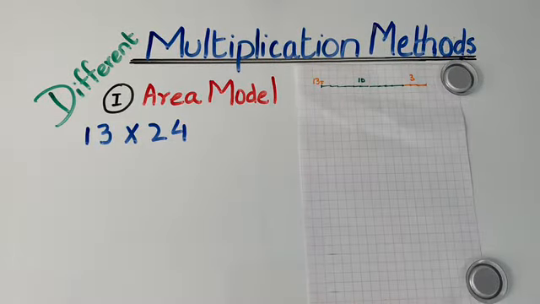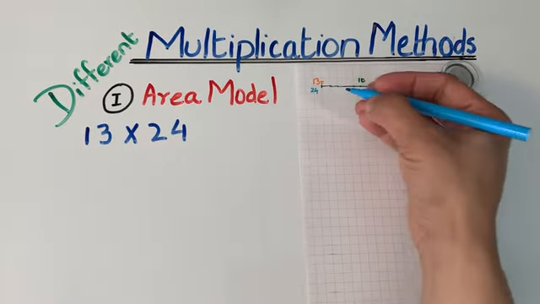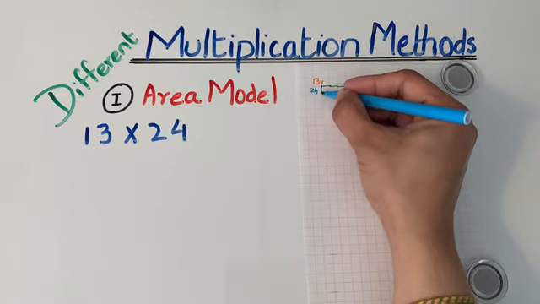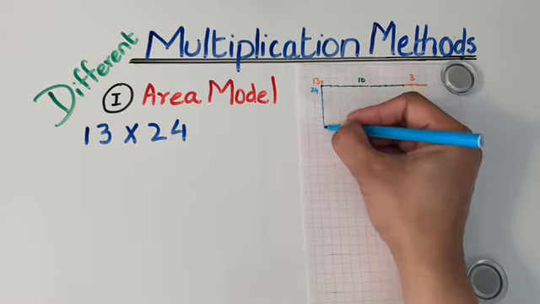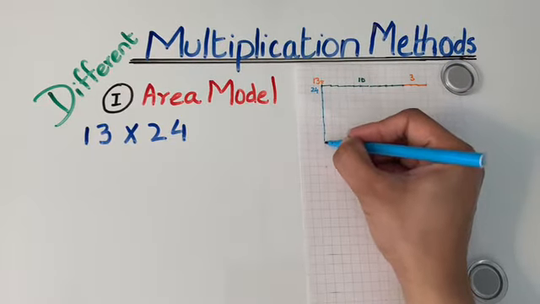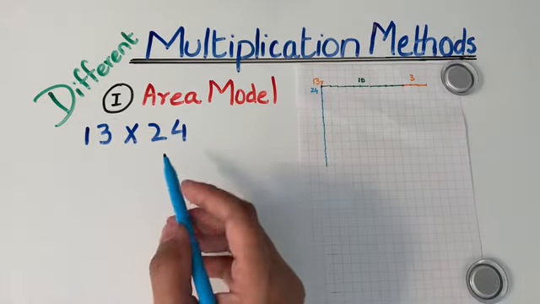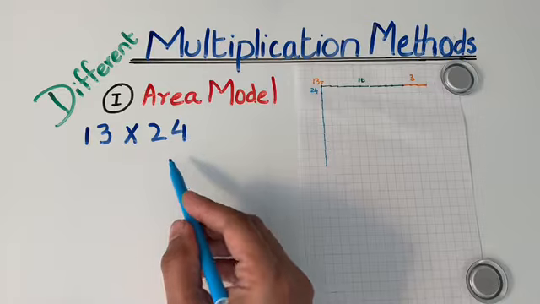Now let's think about 24. I'm going to use a different color for 24. So we'll start from this point. 1, 2, 3, 4, 5, 6, 7, 8, 9, 10. So in 24 there will be 2 tens and 4 ones.